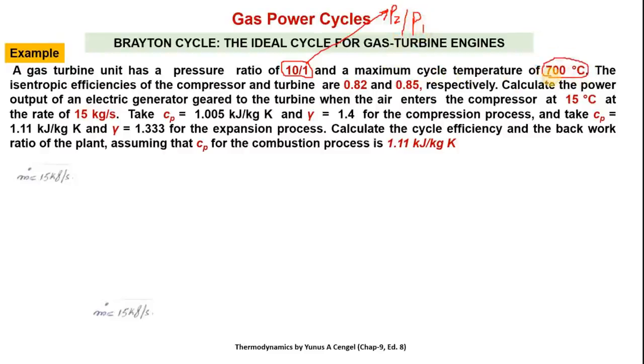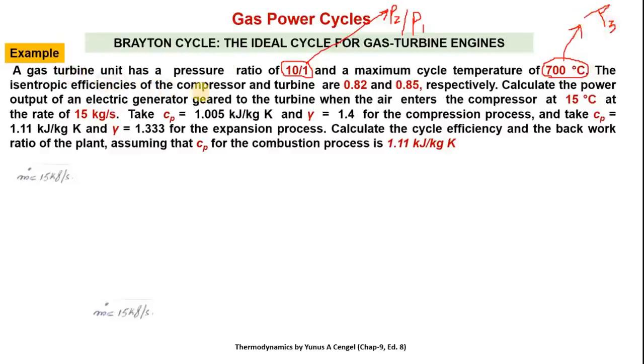This maximum cycle temperature occurs at the inlet of the turbine or at the exit of the combustion chamber. Right, so this will be T3 at the inlet of the turbine.